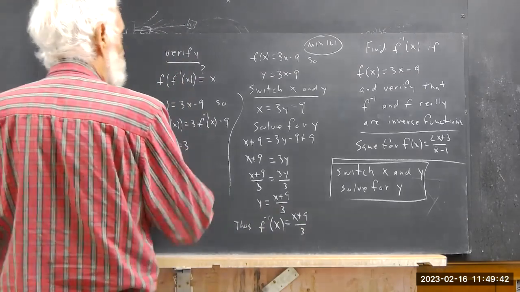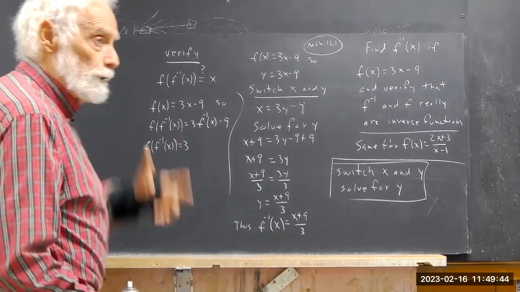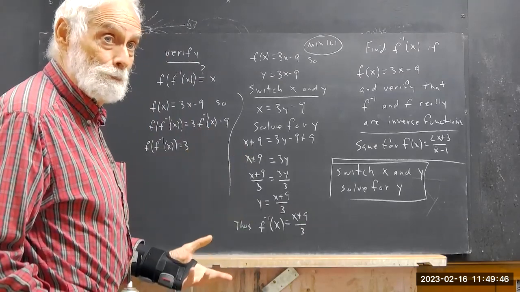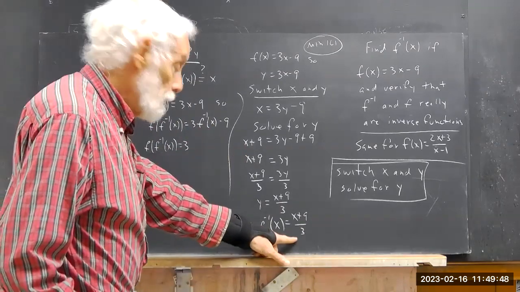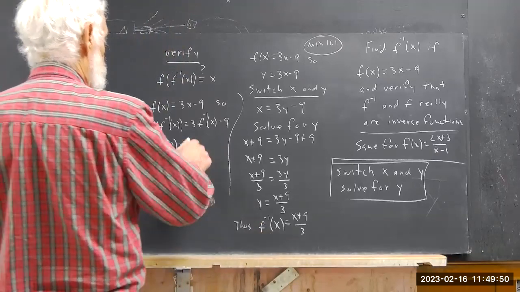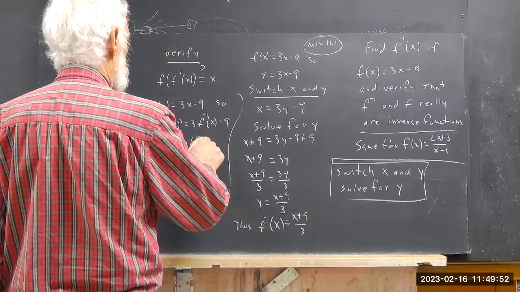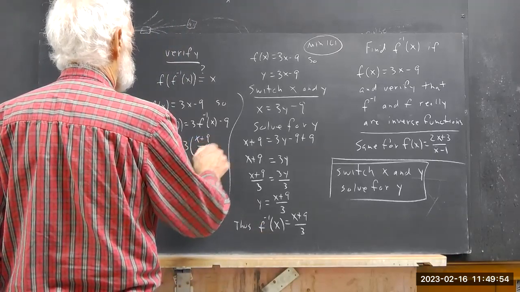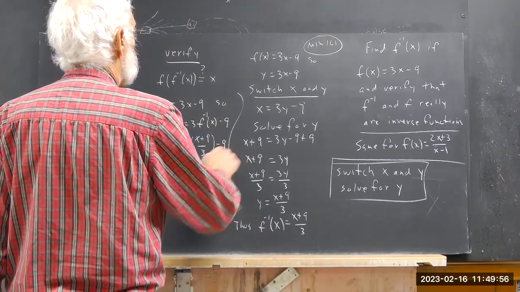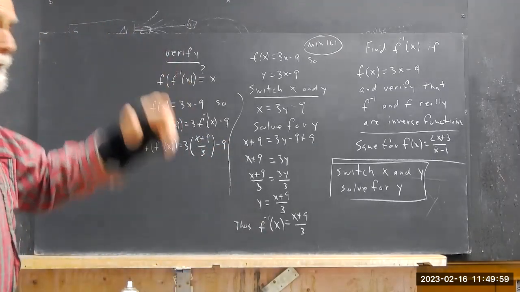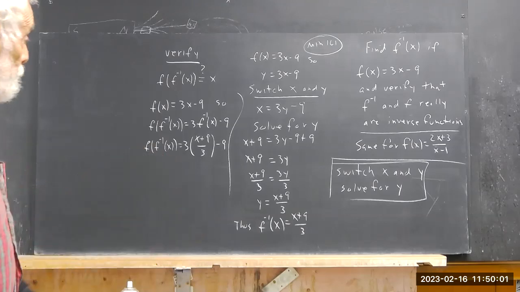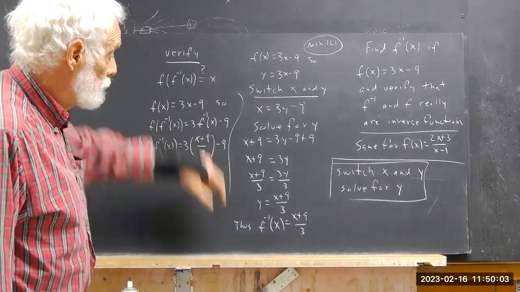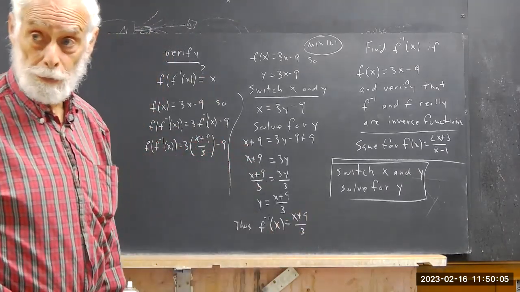Then we can plug in, because of course we can substitute equal things for each other. f inverse of x is equal to this, so certainly we can put the (x plus 9) over 3 here, and then we write everything else out.